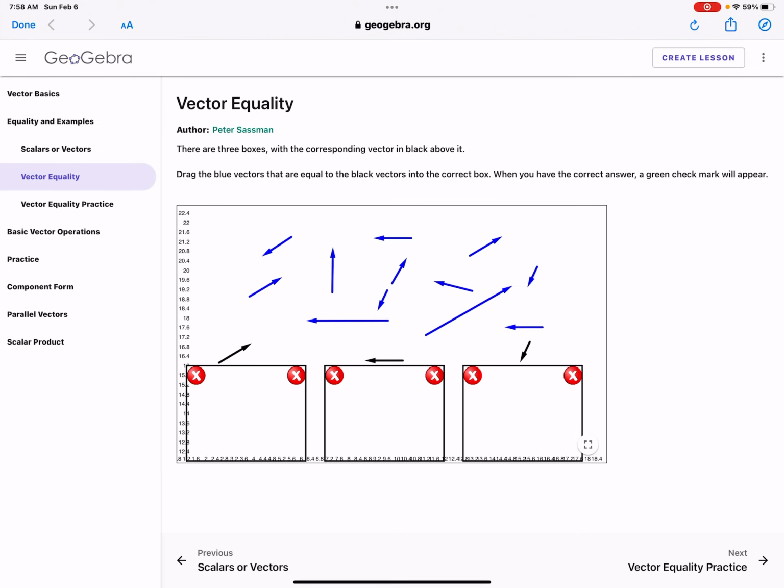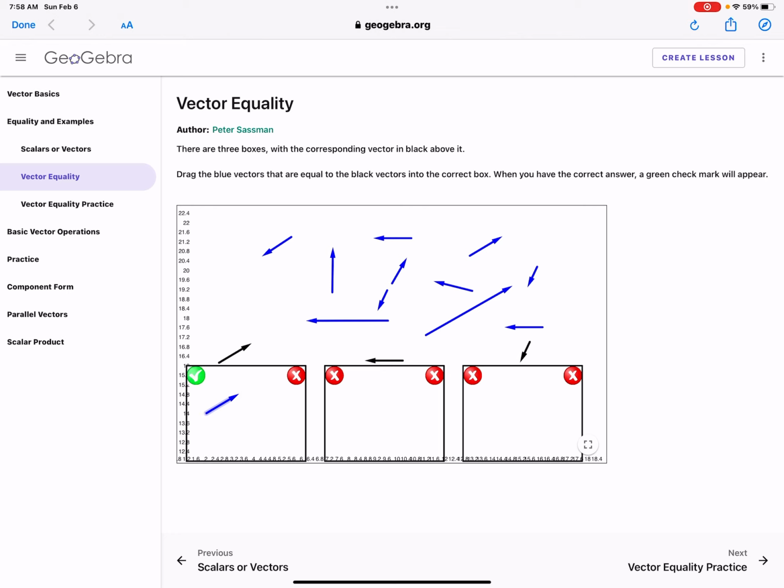So again, this activity is produced by the same teacher, Mr. Peter Sassman. And we have a bunch of vectors, the blue vectors in here, and we want to check and see which vectors are equal to the first and which ones to the second, and we'll have to drag them accordingly. So this vector here, I'm going to put it right on top of this vector.